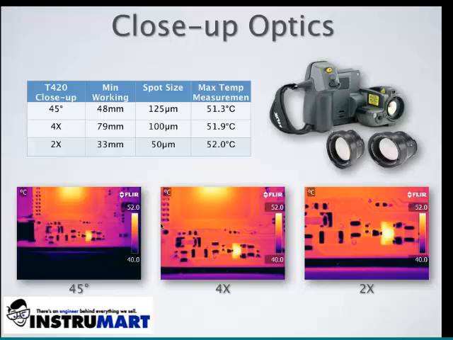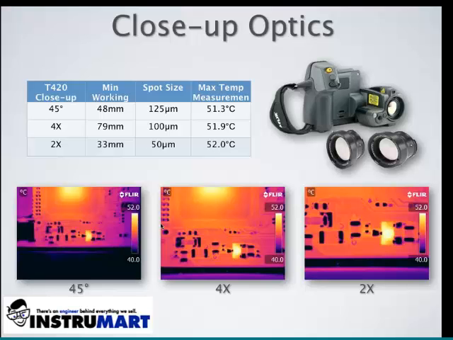And I've displayed here in this slide the difference in imagery as a result of employing these close-up optics on our target of interest, which is that IC. And I've also displayed the temperature measurement results. So you can see that the temperature measurement results are fairly close, definitely within the accuracy specification for the camera.